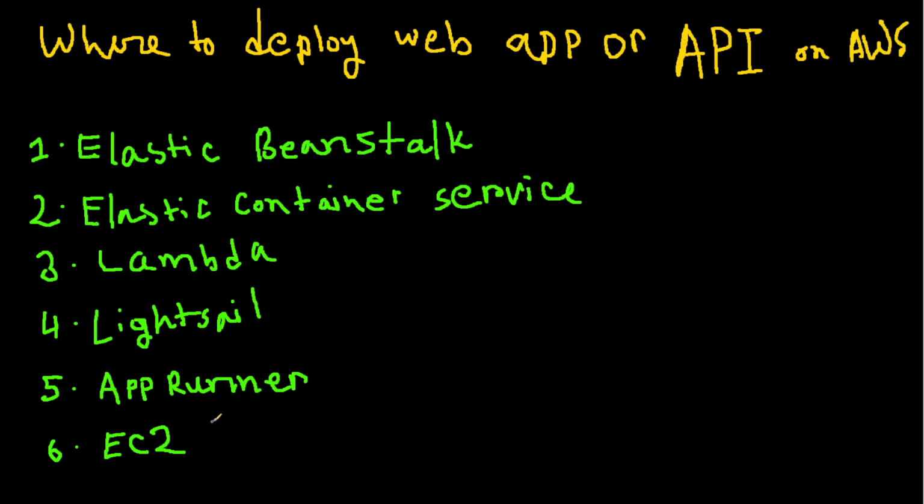Okay, so first of all, let's get started with Elastic Beanstalk. Now, Elastic Beanstalk is probably the service that most people would go with when they want to deploy their web application or API on AWS.